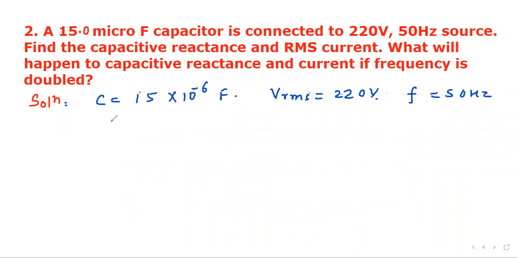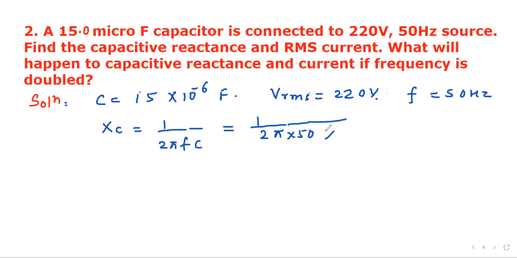Now we find Xc equal to 1 upon 2 pi fC. We put the values: 1 upon 2 pi multiplied by 50 into capacitance 15 into 10 to the power minus 6. We can take this 10 power minus 6 to the numerator, so it will become 10 power 6 divided by 100 pi into 50.